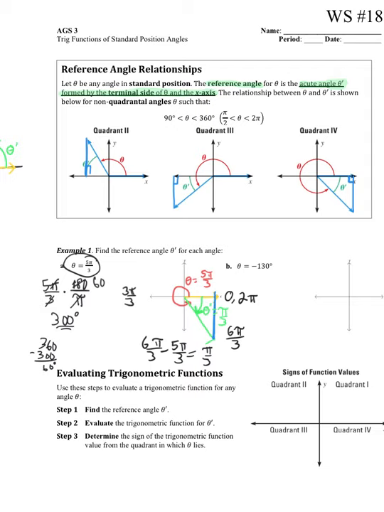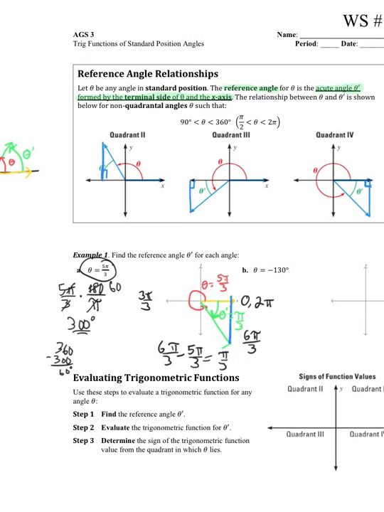Whenever we're looking for a reference angle, a good way to think about it is if we're in degree mode and we're in quadrant 2, we would say you get this 180 degrees, and you're going to do 180 degrees minus theta. That gets me to my reference angle theta prime whenever you're in quadrant 2.